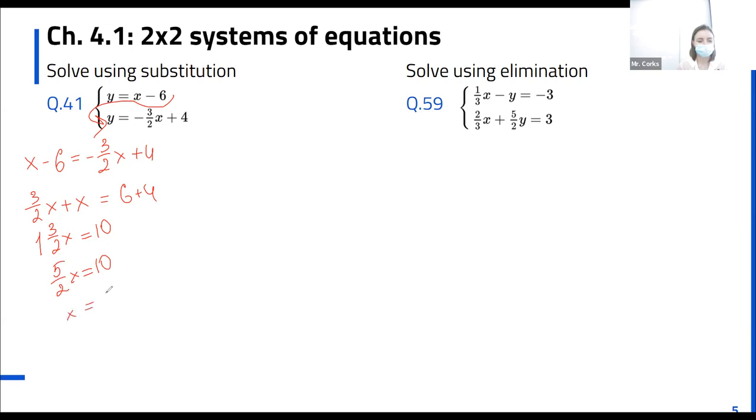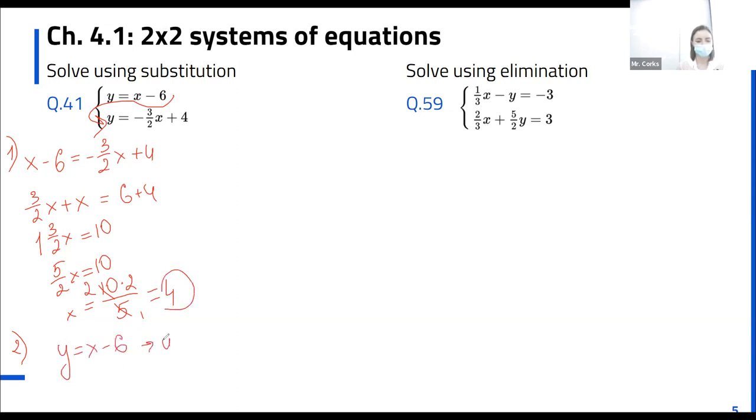x equals 2 divided by 5. Yes. And then we can input this value of x into the first equation, which is x minus 6.